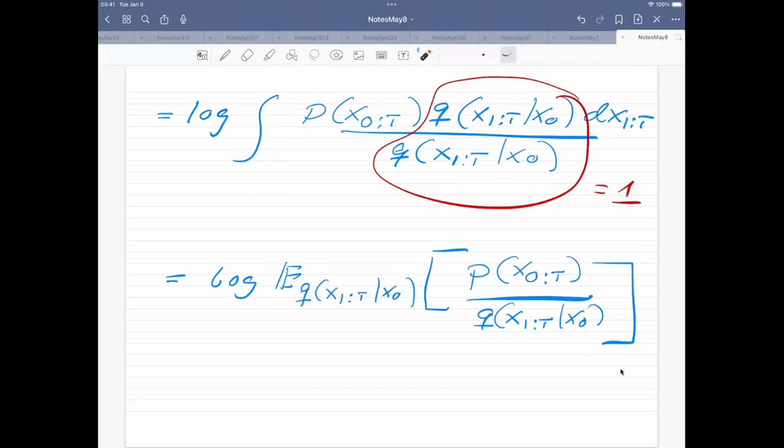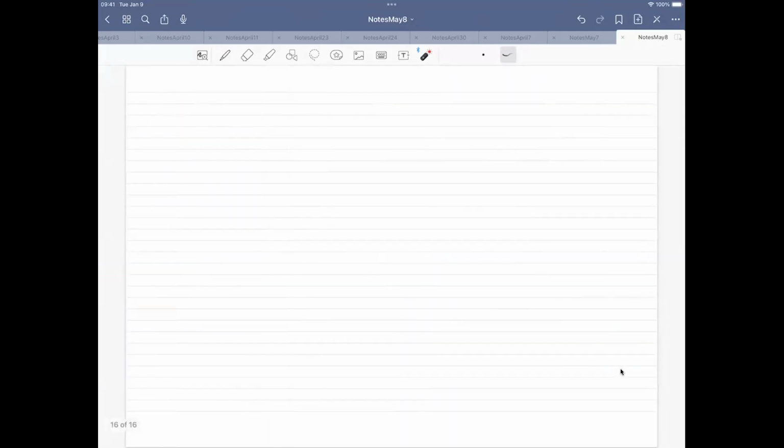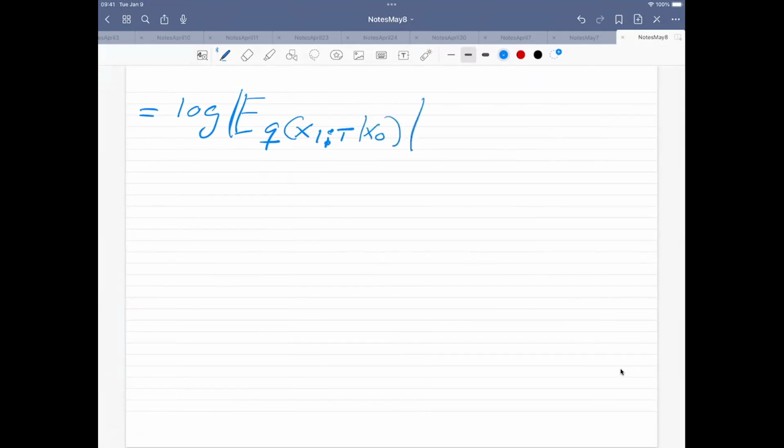This expectation value is equal to, and this is going to take a little bit more space, the expectation value with respect to these probabilities for the latent variables, 1 to t, given x0.